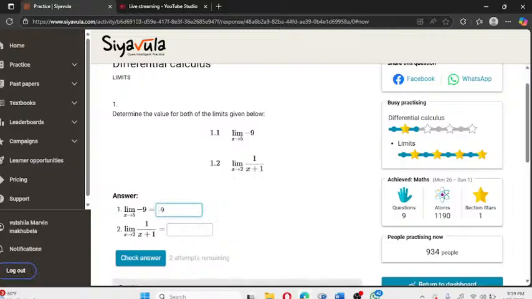Okay, for this one, can we do direct substitution? Yes, we can. Why? Because when we substitute x, it's going to give us 3. So we can divide the number by 3. So let's do the direct substitution. Our answer is going to be 1 over 3.